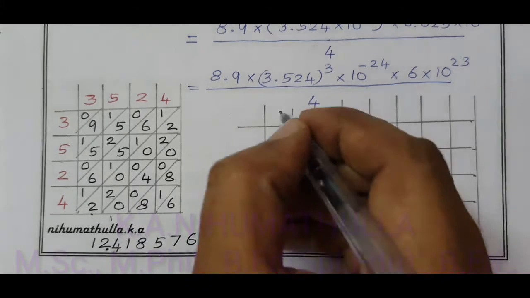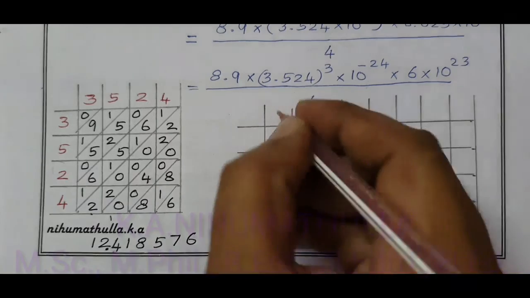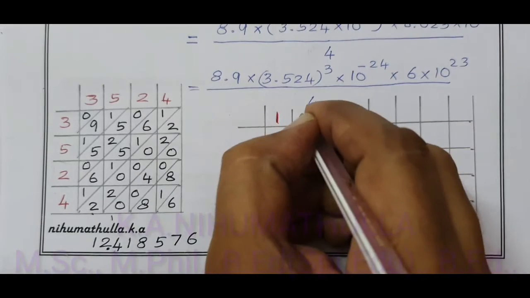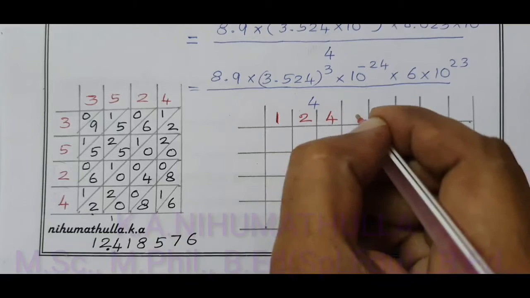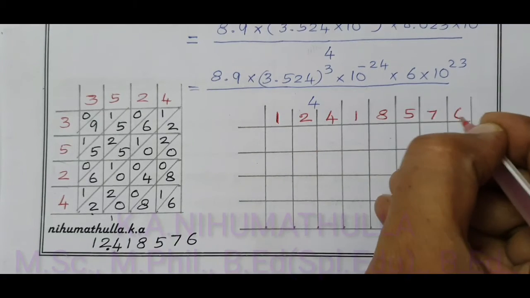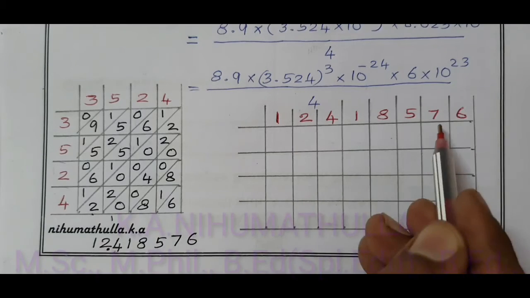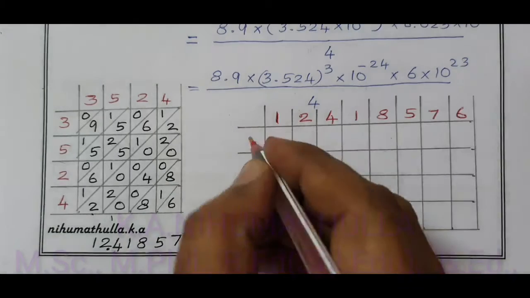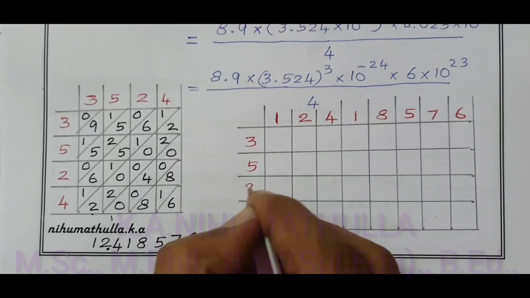Write this value here: 1, 2, 4, 1, 8, 5, 7, 6. So left hand side as usual 3, 5, 2, 4.